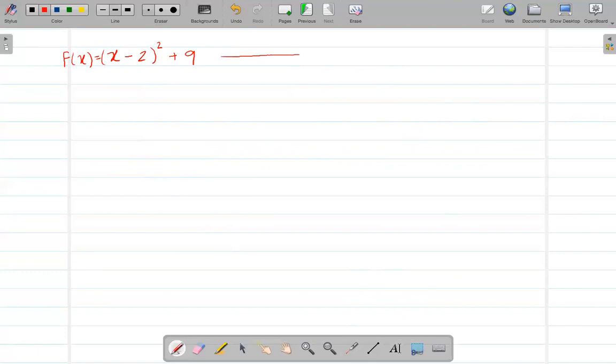This is the form a times (x minus h) squared plus k. To find the vertex, as we said, the vertex is always h comma k, so all we have to do is compare these two.